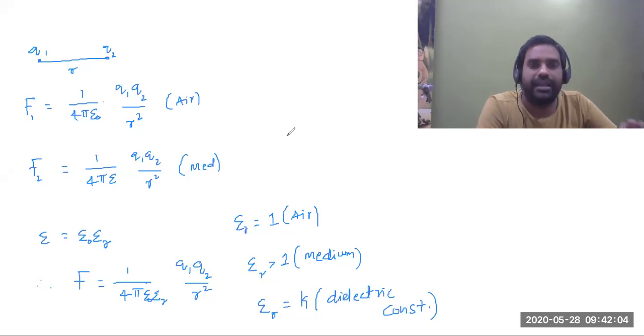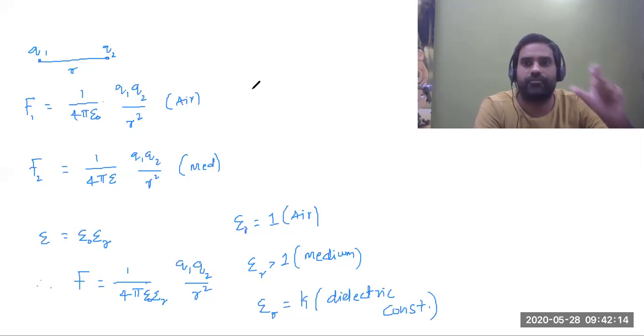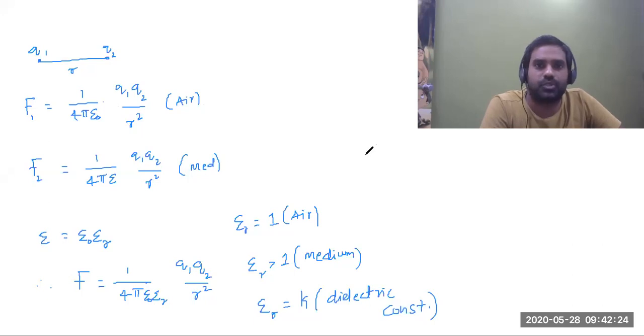That's it. Permittivity explains the electrical properties of a given medium, which I taught yesterday itself. This is the interaction force, and it is given only for point charges. Let us see the applications related to this interaction force.